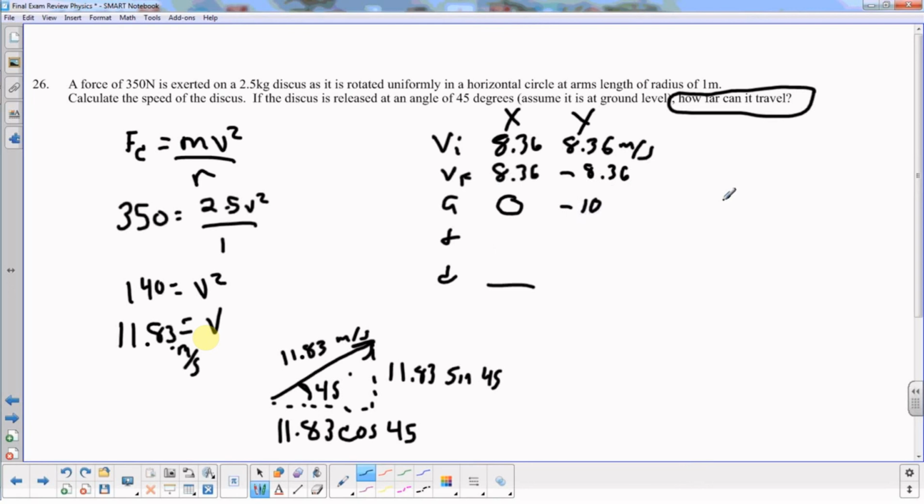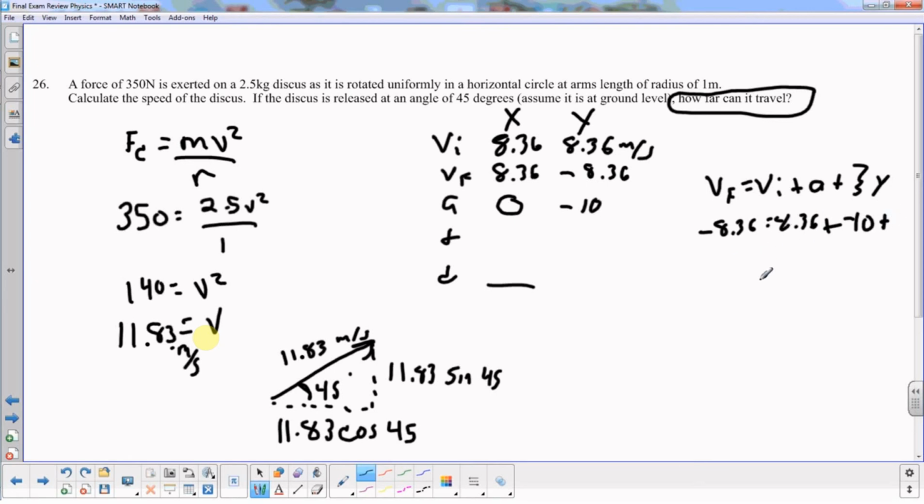So I would say VF equals VI plus AT. This is all in the y dimension. So negative 8.36 equals 8.36 plus negative 10t.